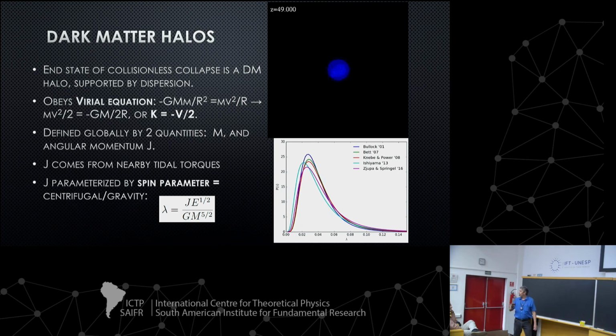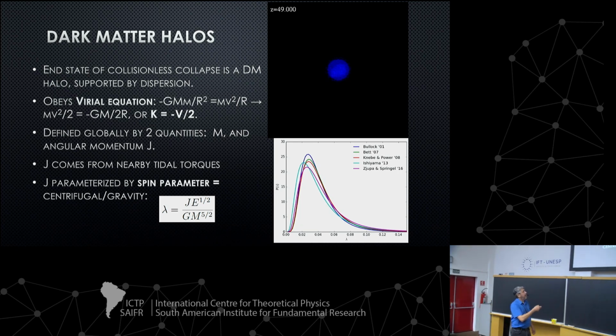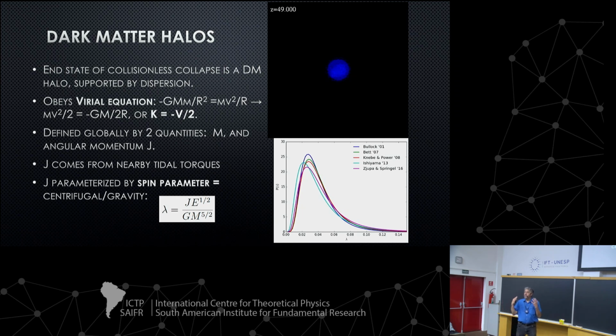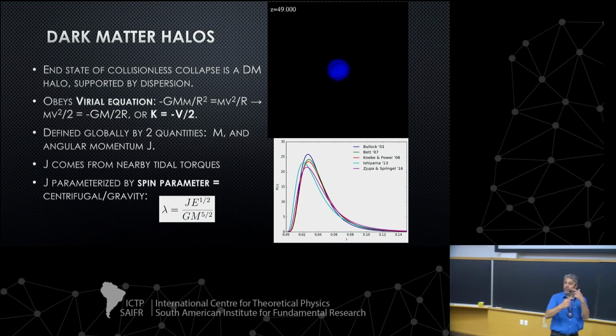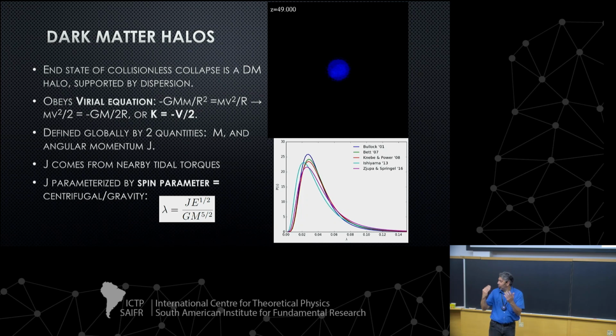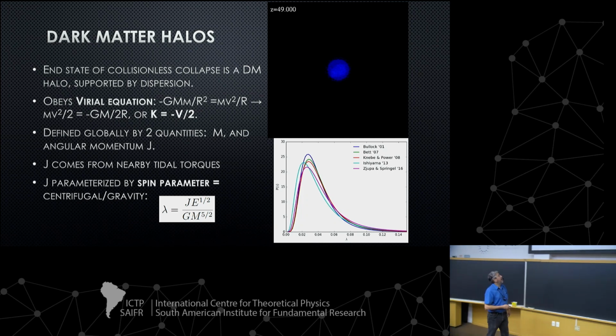We won't go into that, but at least in a very simple case of a single particle, you're just equating the centrifugal support to the gravity, and just rewriting these, and you get that. Okay, so we say virialized halo. That means the dark matter is all whizzing around each other, and it's supported by its own dispersion.